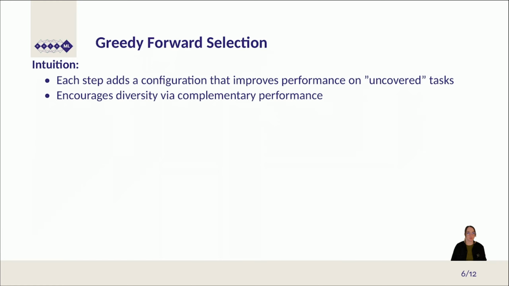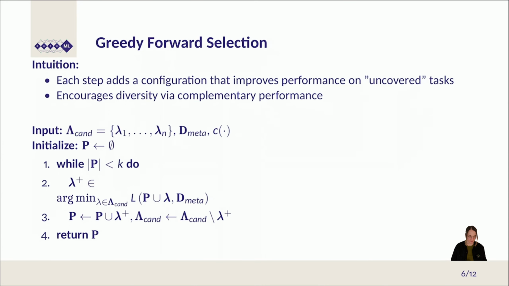A straightforward way to implement this is by running greedy forward selection. So we greedily, in each step, add a configuration that improves the performance of our portfolio on uncovered tasks. This encourages diversity via complementary performance. So in pseudocode, this means as an input, we get candidate configurations on our metadata sets and the cost function.